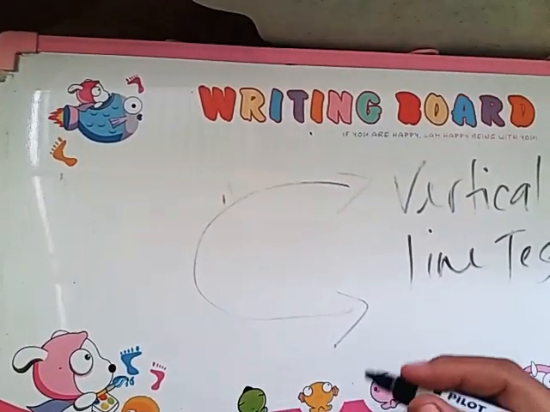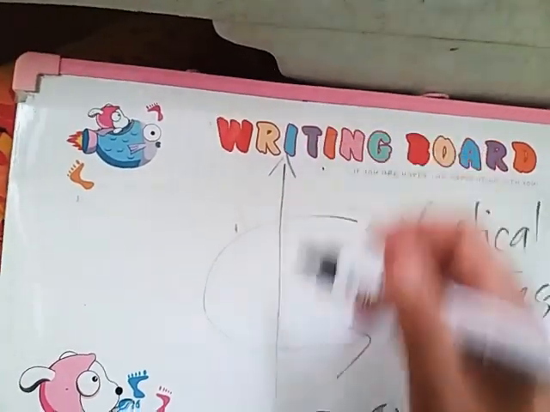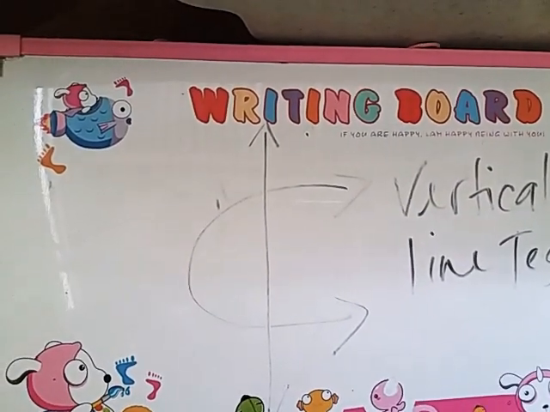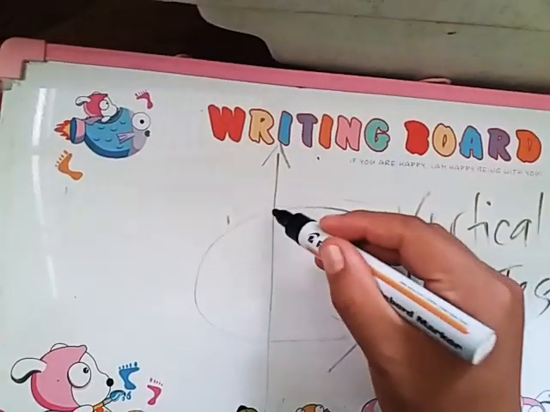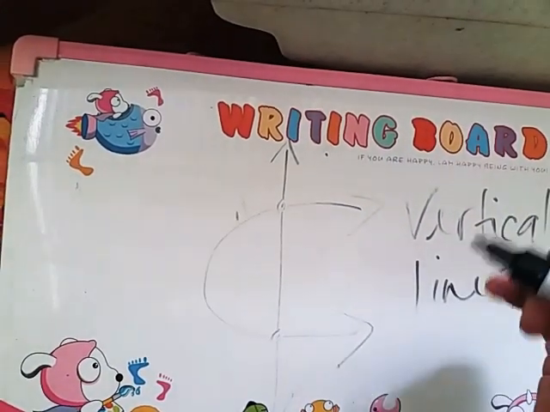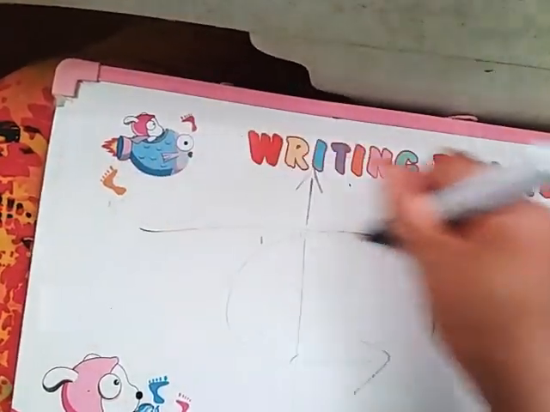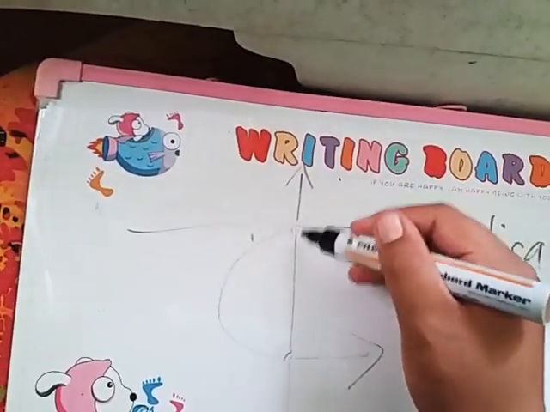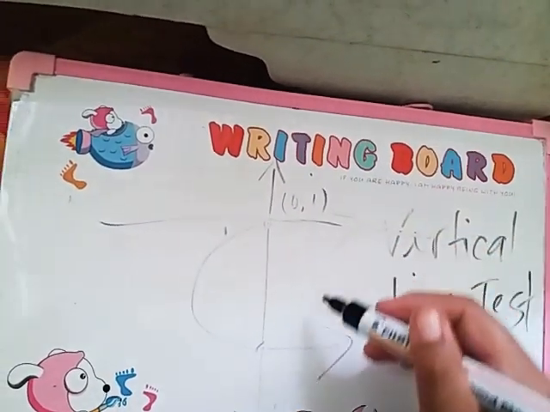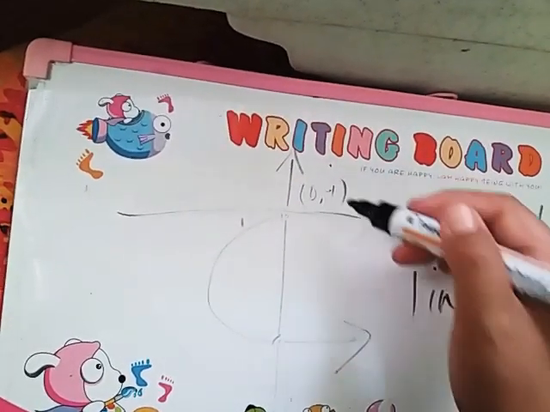Pag ganon naman. Okay, so if your graph is like that, and if you're going to draw a vertical line, as you can see, it will intersect the graph at exactly 2 points. So, ibig sabihin, kung sa Cartesian plane natin, nasa 0 yan. Ibig sabihin, for example, ito, 0, 1, 0, negative 1.